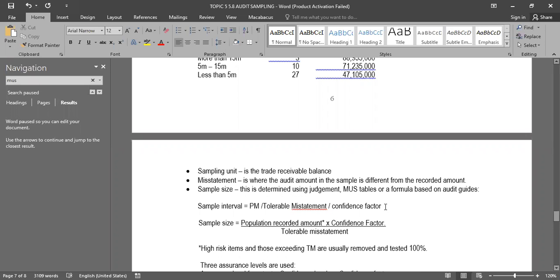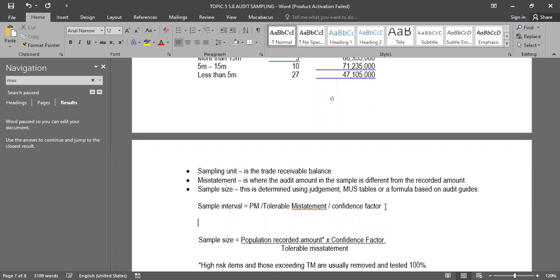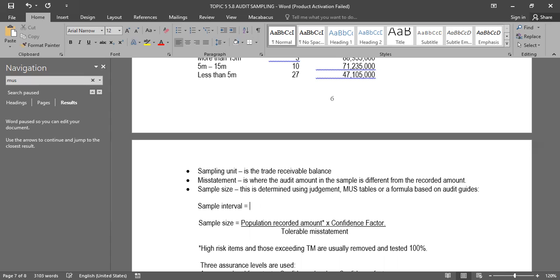And now from this one, we know from our previous example that from systematic sampling, the sample size is given by the population value divided by, not necessarily this, but rather, I think I'm right: the sampling interval from systematic sampling is given by population value divided by sample size.